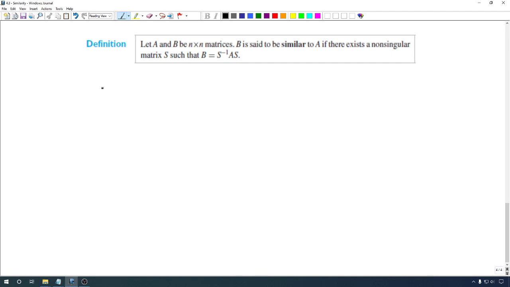Why is that true? If we start with B equals S inverse AS, we can move the S's to the other side, since we're working with something non-singular. So we can turn this into A equals S B S inverse.